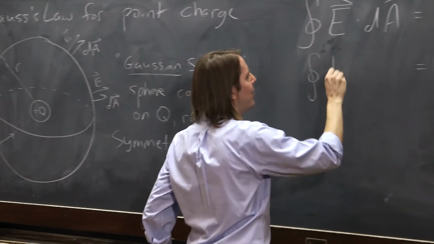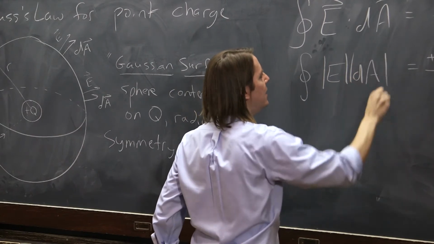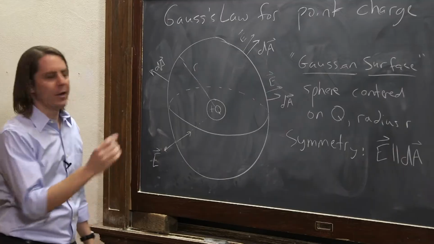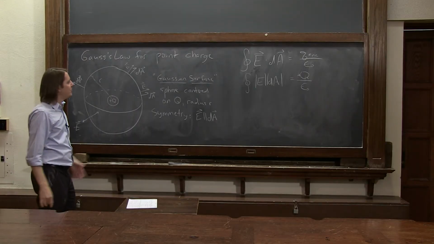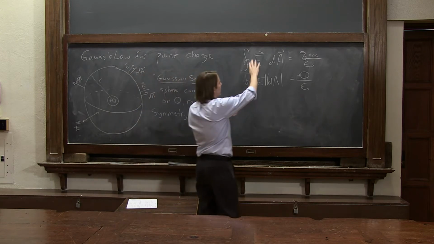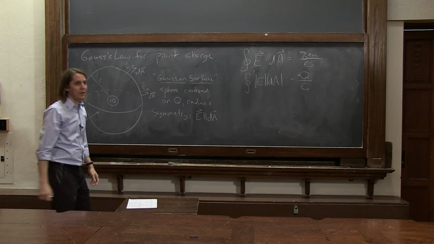Really, we're talking about the magnitude of E, the magnitude of dA, and then the cosine of 0 is 1. So you just leave it there, or you don't write it. There's a 1 there. So what we've done is use symmetry and the fact that these two are parallel to take out the dot product. Okay? But we're not done.